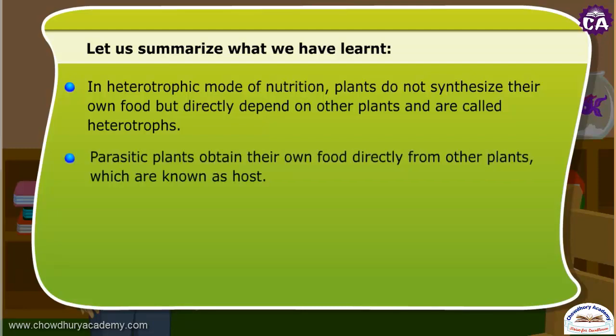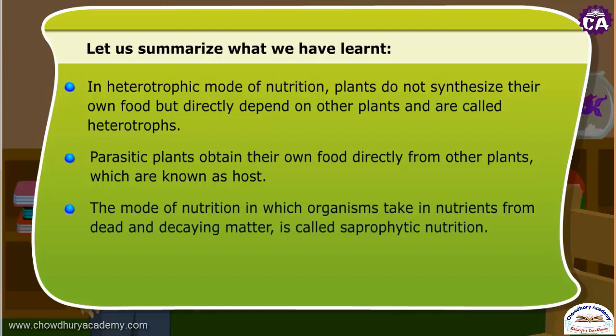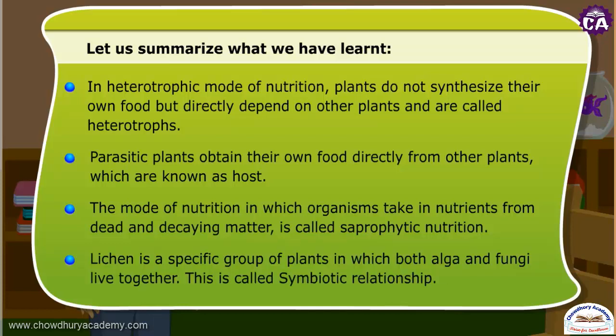Parasitic plants obtain their own food directly from other plants, which are known as host. The mode of nutrition in which organisms take in nutrients from dead and decaying matter is called saprophytic nutrition. Lichen is a specific group of plants in which both algae and fungi live together.